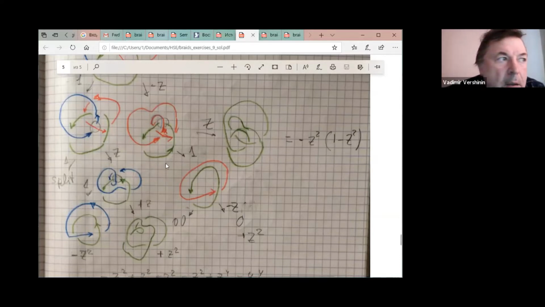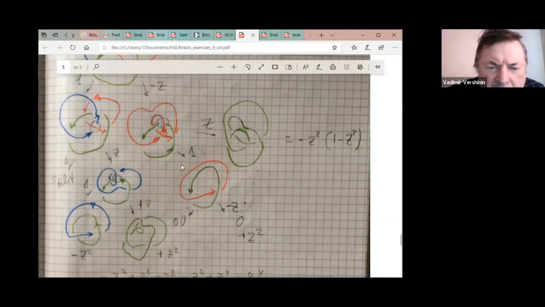Look what will happen here. For example, we are changing here. Here it is this way, and then this way it will be positive direction. That's why z, positive 1.